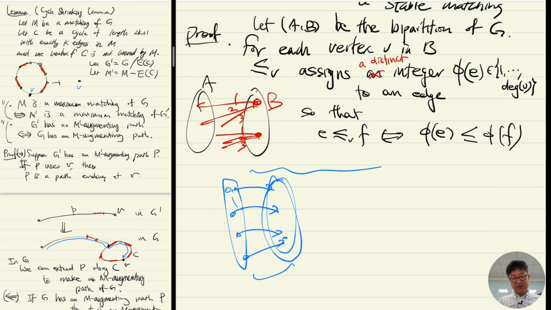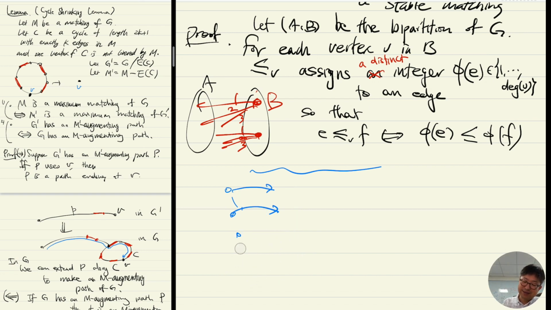And then they continue until no further changes are made. And the theorem is that this will be the stable matching. So let's see how we prove that mathematically.